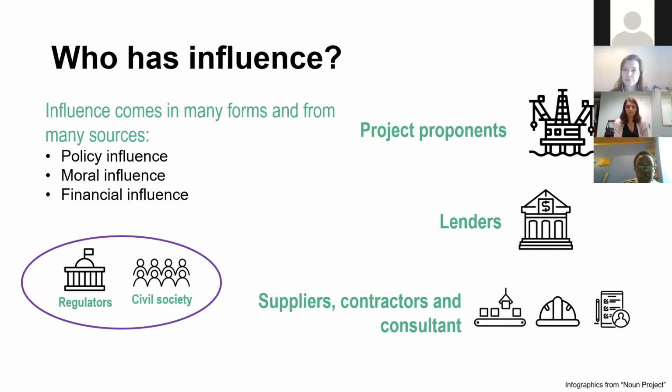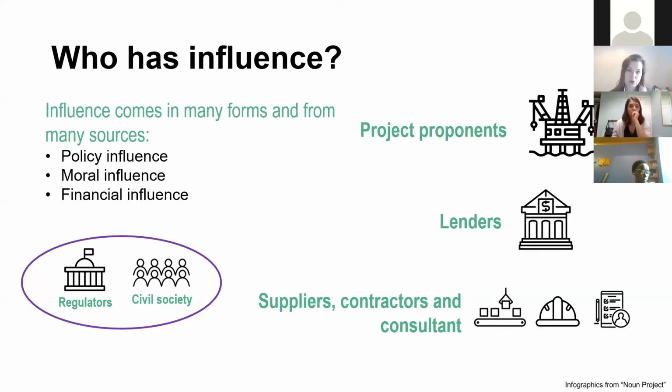But you also have the moral and almost social influence on the companies, because they want to make sure that they are seen in quite a positive light and are seen to be playing their part in whatever project they are doing. So you can have influence in many different ways, but the key one for businesses, and often the hardest one in terms of biodiversity, is the financial influence.